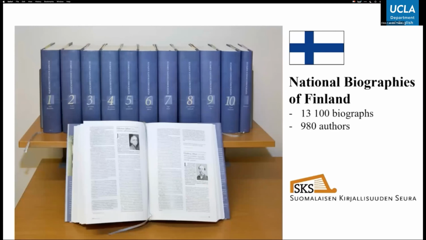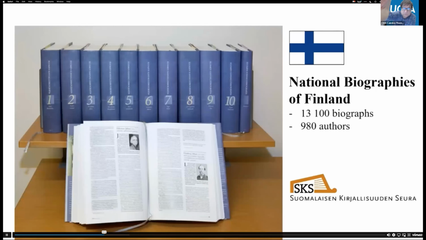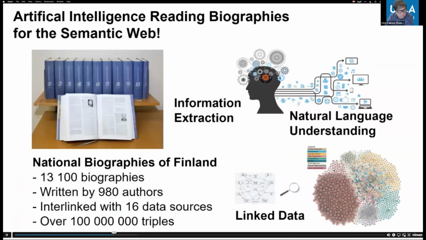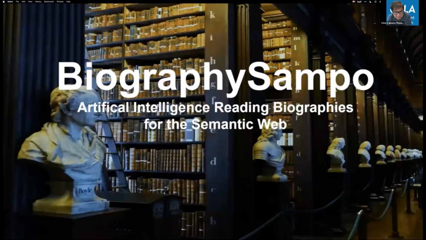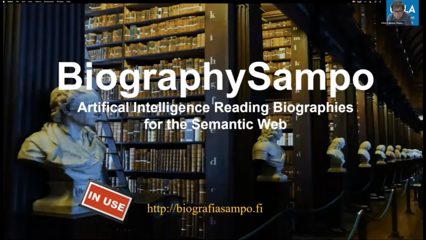The system is based on a knowledge graph extracted automatically from a collection of 13,100 textual biographies written by 980 authors. The data was enriched with data linking to 16 external data sources, and by harvesting external collection data from libraries, museums, archives. The portal was released in September 2018 for free public use and quickly attracted tens of thousands of end users.